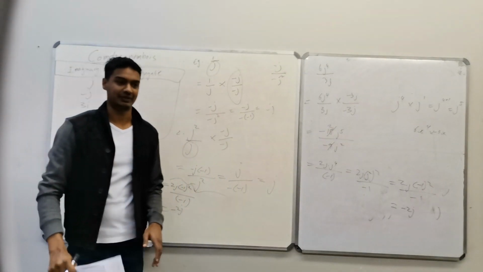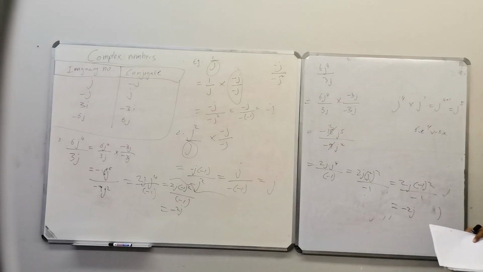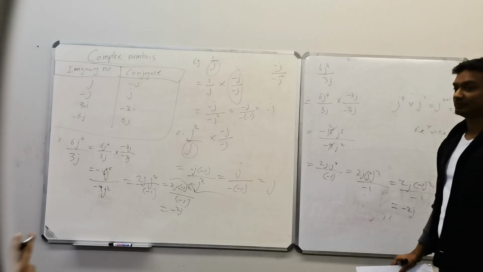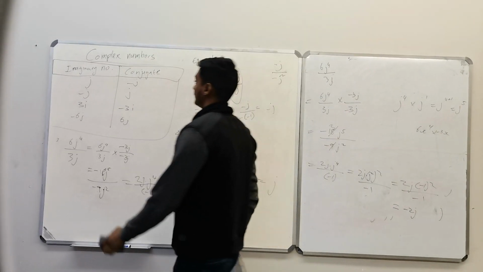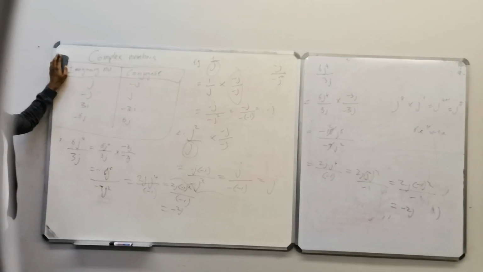Okay, everybody's happy with that? Should I take that side out? Sorry? Okay, the same as that. Alright. But you all know what a conjugate is, right? You take this out.